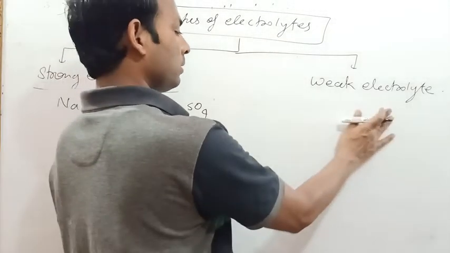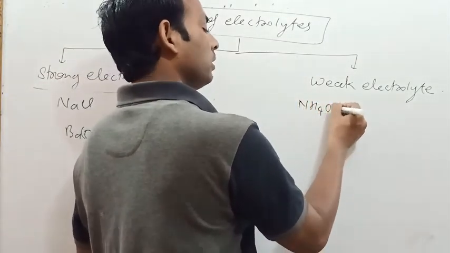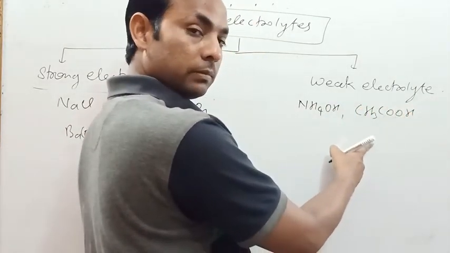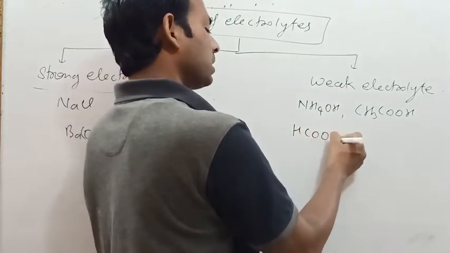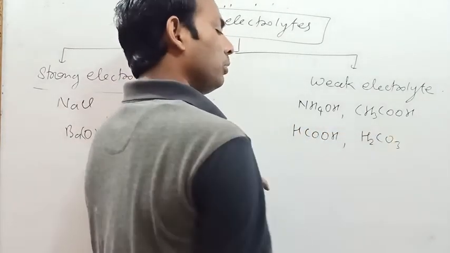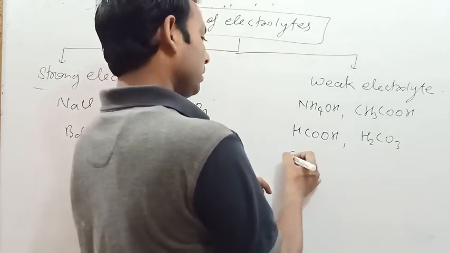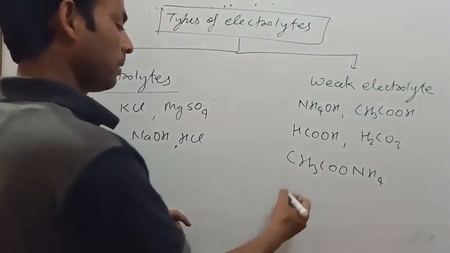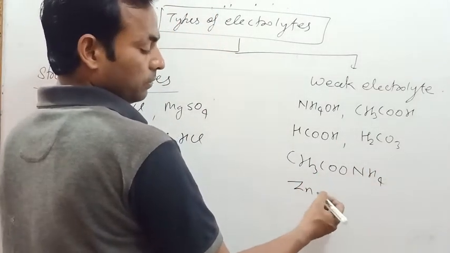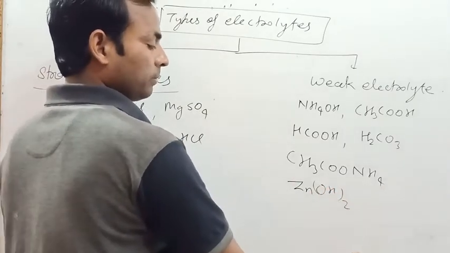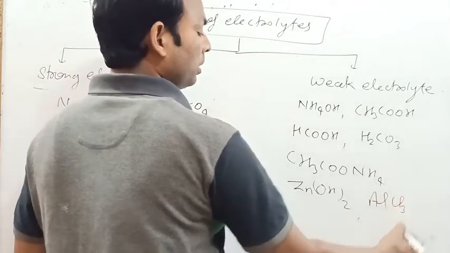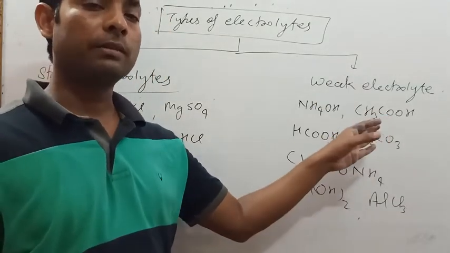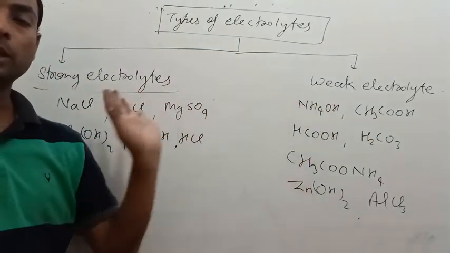And weak electrolytes are like NH4OH, ammonium hydroxide, CH3COOH, acetic acid, HCOOH, formic acid, H2CO3, carbonic acid, ammonium acetate, zinc hydroxide, AlCl3, aluminum chloride. These are all weak electrolytes.